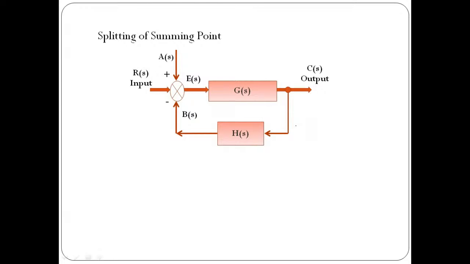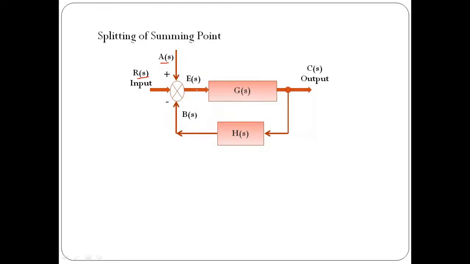Suppose we have a system represented by this block diagram where we have a summing point, and at this summing point we have an input signal R(s), followed by an auxiliary input signal A(s), which may be a disturbance signal. Then we have a feedback signal B(s), and the output is the error signal, that is E(s).